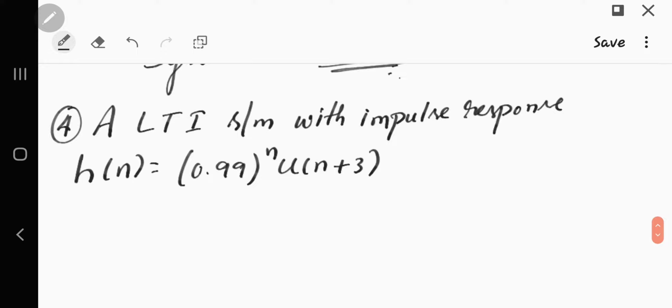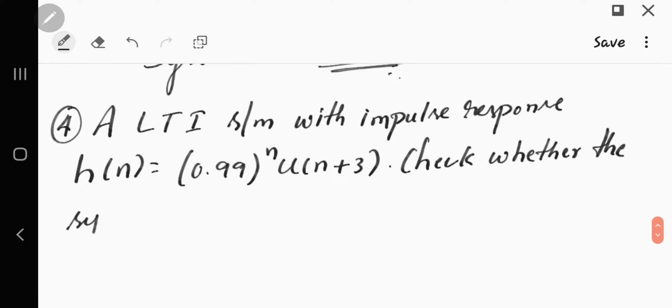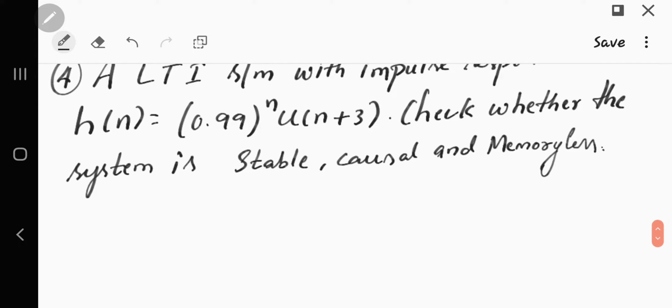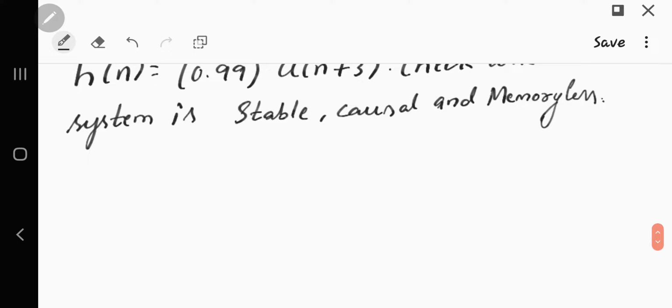Check whether the system is stable, causal, and memoryless. Okay, now this is the problem given.